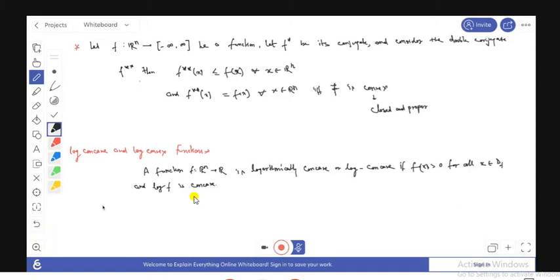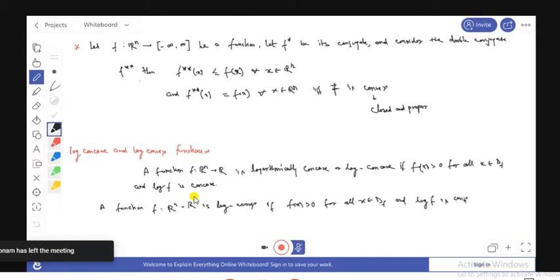Okay. And a function from Rn to R is log convex if the function is greater than 0 for all x which belongs to the domain of f, and this log f is convex. Okay, so that type of function is known as a log convex function.